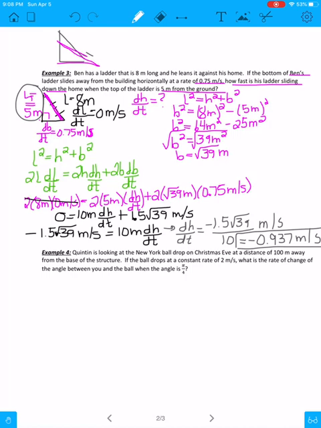So this change in height is actually going down, and that's what the negative means. So it says, how fast is the ladder sliding down the wall? It's sliding 0.937 meters per second down. We don't need to put the negative sign if we put down, it's a vector.